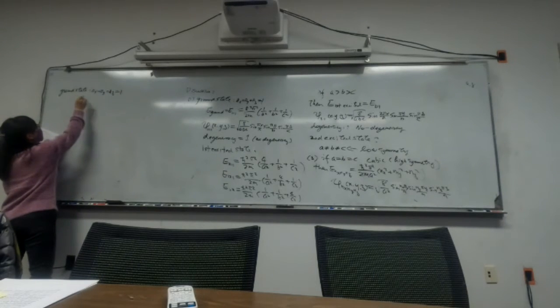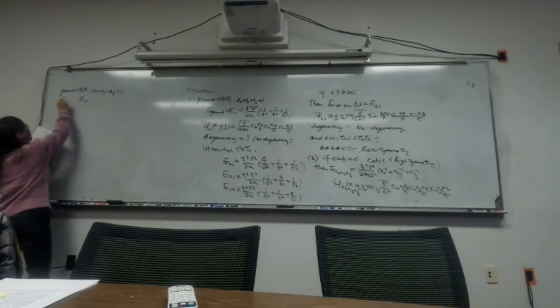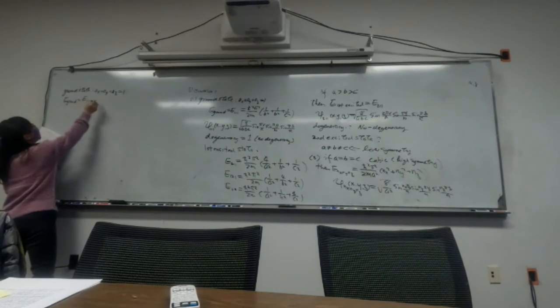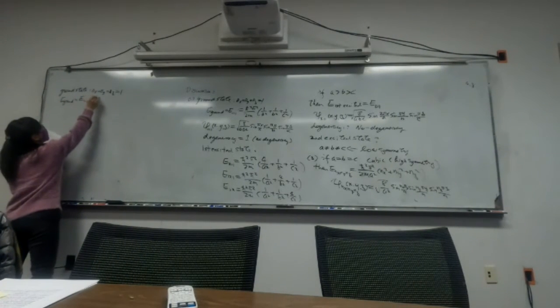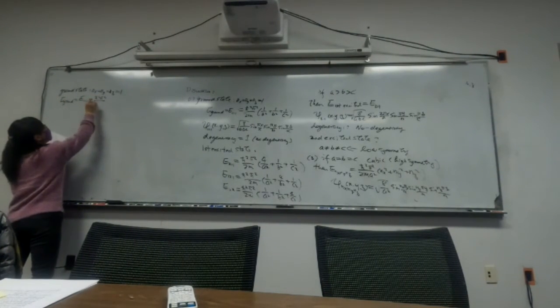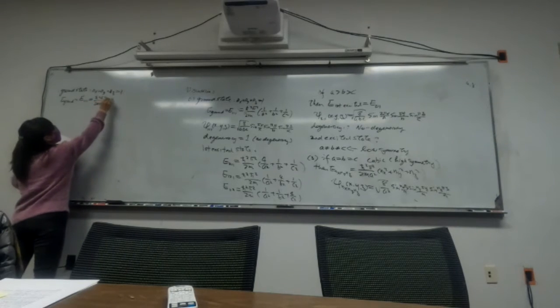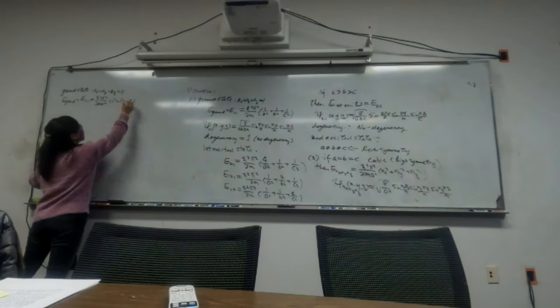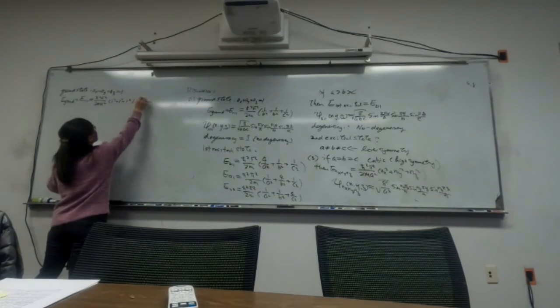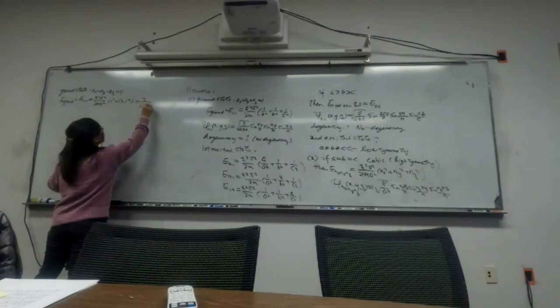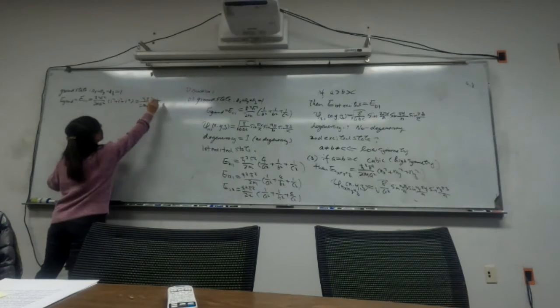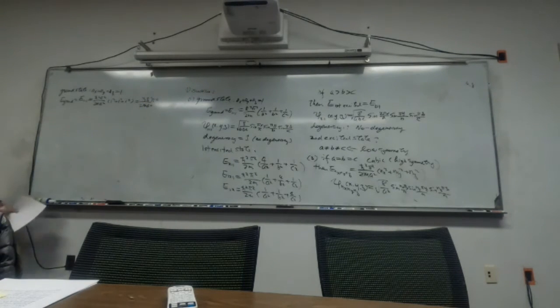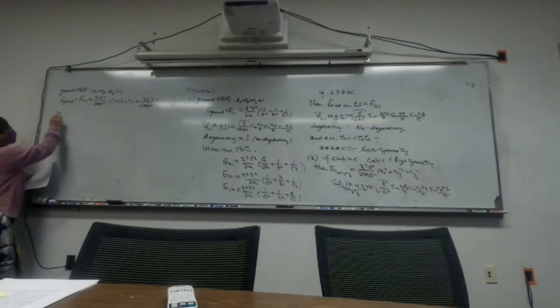So here, 1, 1, 1, which is h bar squared pi squared over 2m a squared times 1 squared plus 1 squared plus 1 squared, with a 3, right? So that is the ground state.